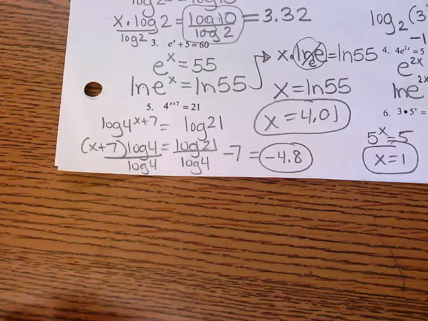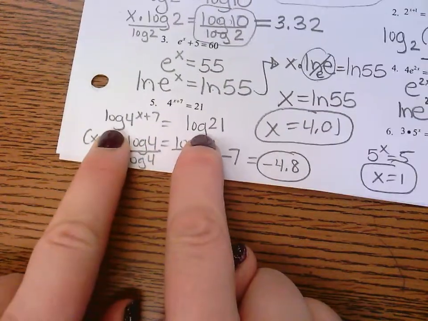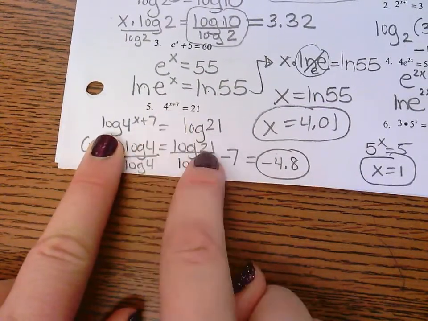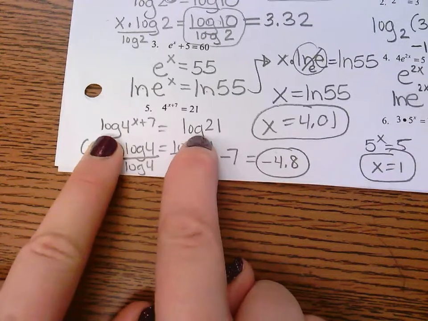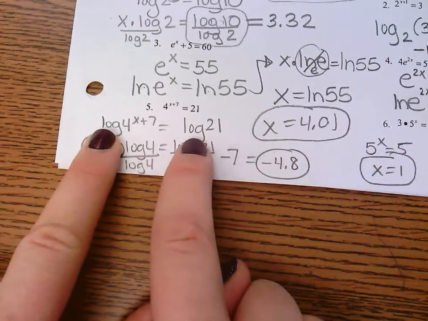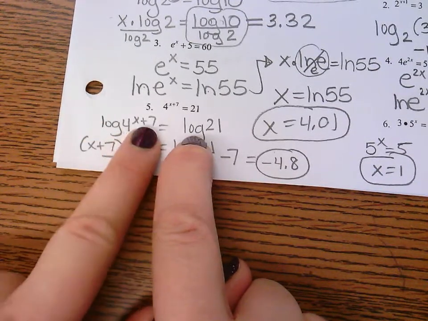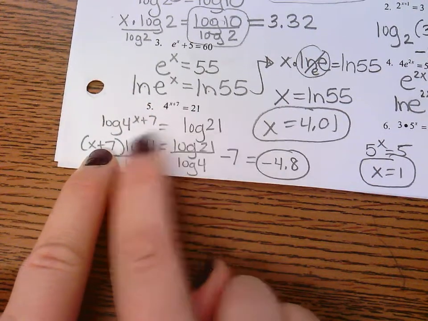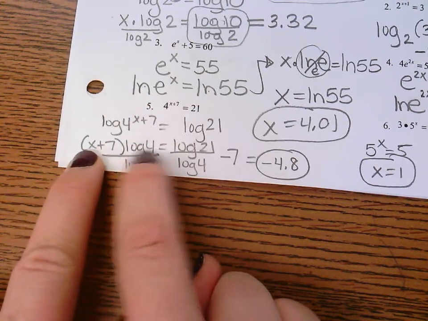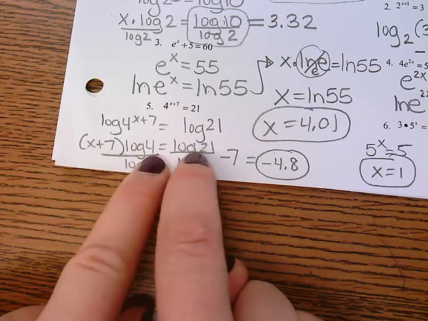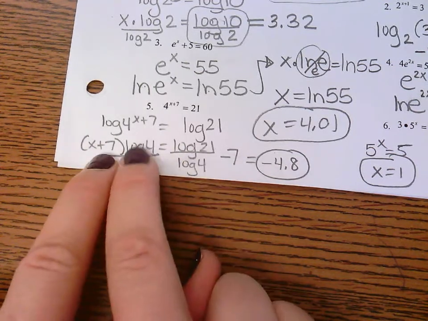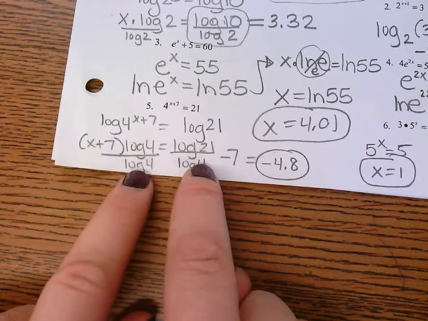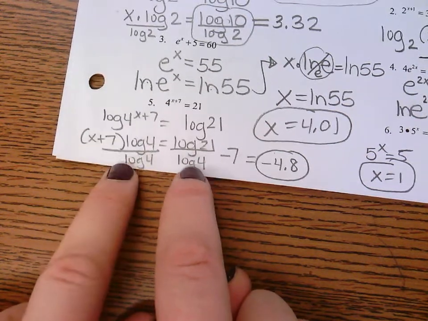I took the log this time because the base was 4, so I didn't have to take the natural log, so I just used the regular log of both sides. This x plus 7 can now scoot down front as a coefficient, so I've got x plus 7 times the log of 4 equals the log of 21. The log of 4 is a number, so I'm going to take both sides and divide by the log of 4.